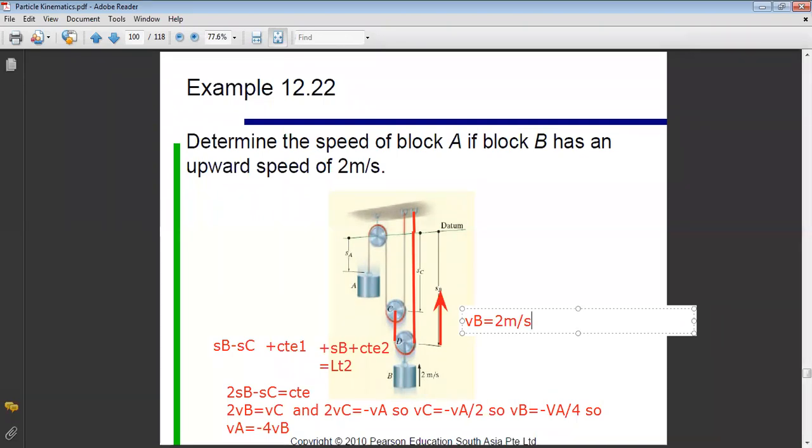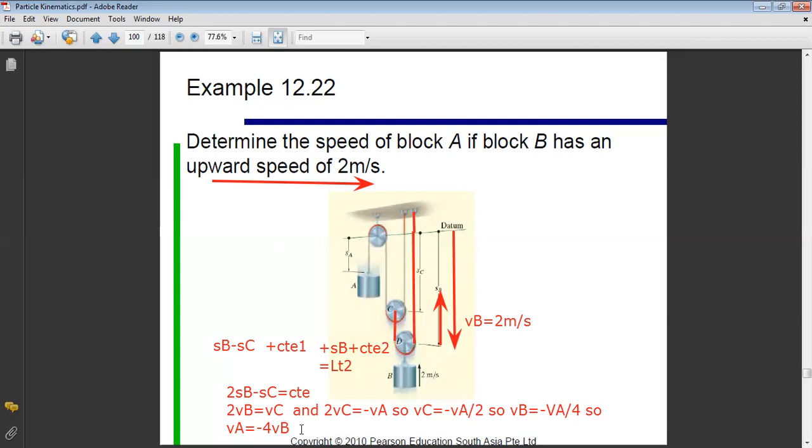How is your coordinate SB? You choose it downward, okay? Because you choose SB downward, this means that VB is positive when it is down and it is negative when it is up. So since here we have an upward motion of B, then VB with respect to the coordinate SB is negative, okay? Because the coordinate is down while VB is up. So here when you replace VB, you should replace by the algebraic value.